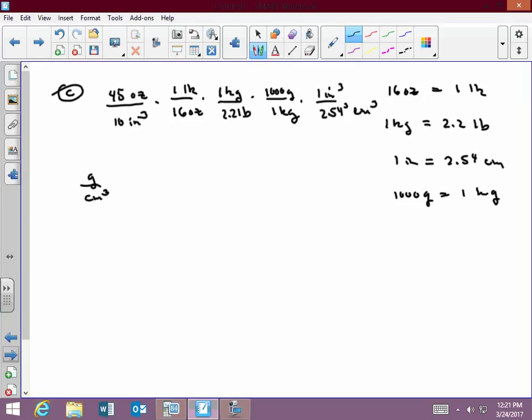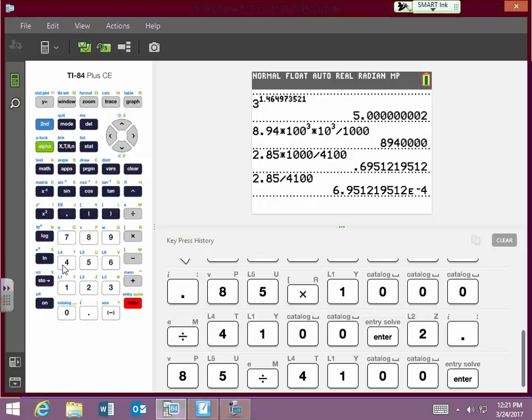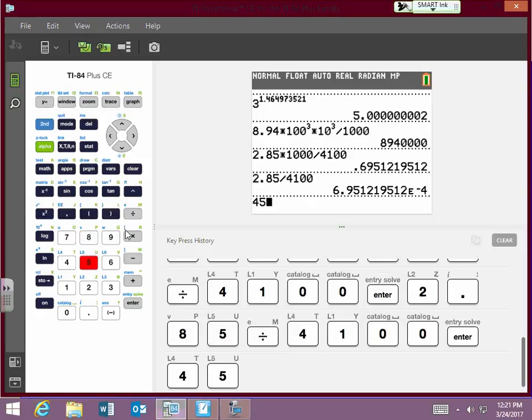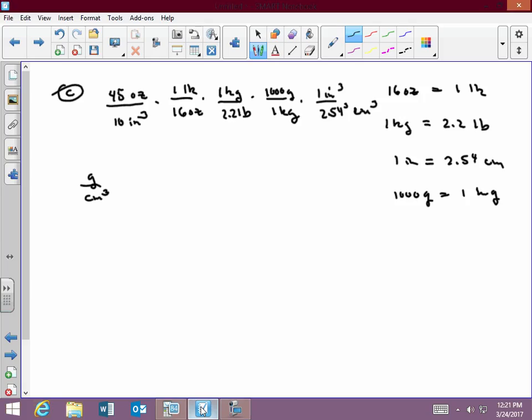Numerator would be 45 times 1,000. Denominator is going to be 16 times 2.2 times 2.54 cubed. So it's 45 times 1,000. And then we can just divide over and over again. I forgot what the first division was. It's going to be 10.